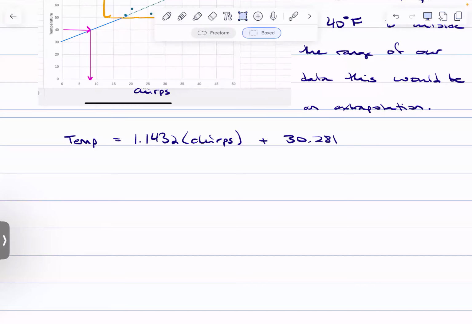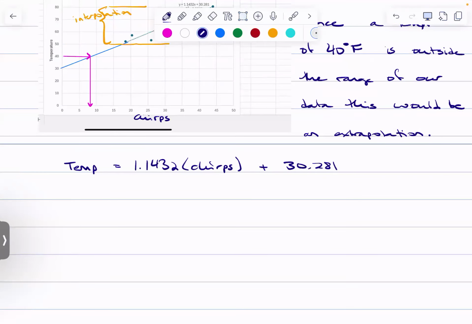We're told that the temperature is 40 and I want to find the number of chirps. Solving for the chirps, which you can denote by X or C or whatever you'd like.